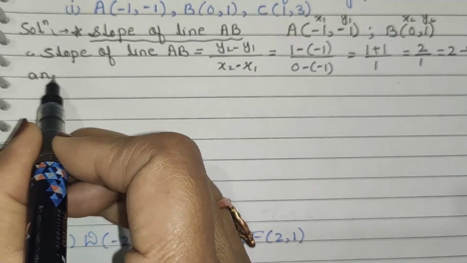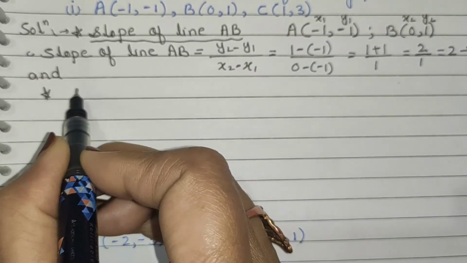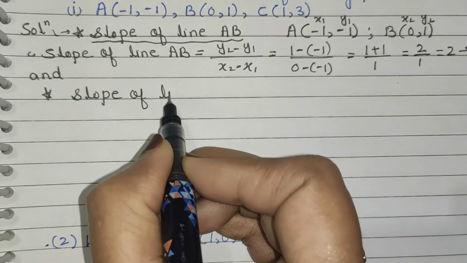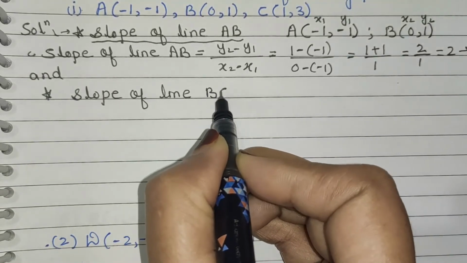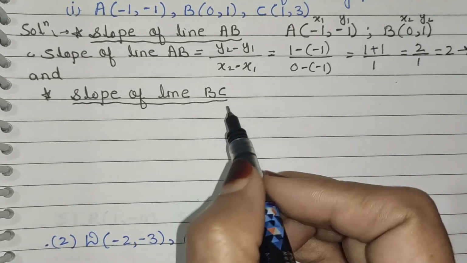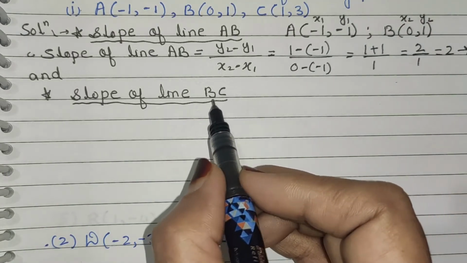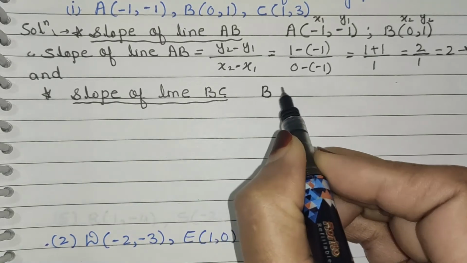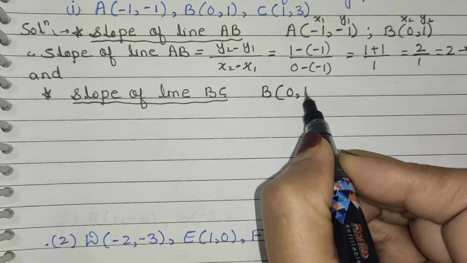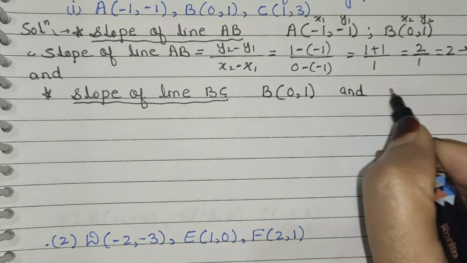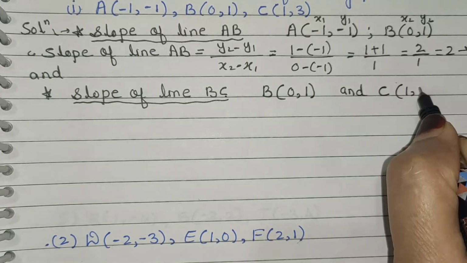And next, for slope of line BC. Now here, for slope of line BC, write down the coordinates of point B and C. The coordinates of point B are 0, 1 and the coordinates of point C are 1, 3.